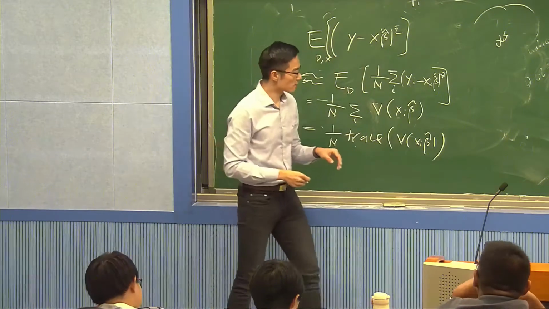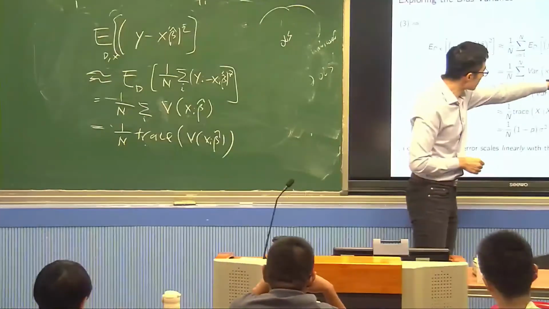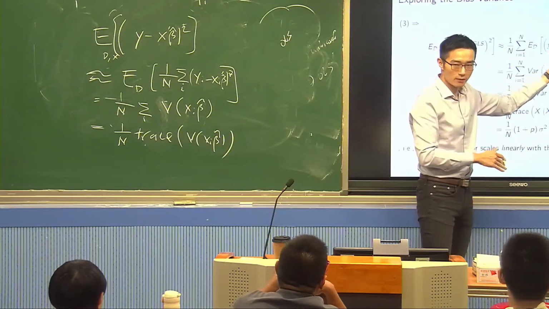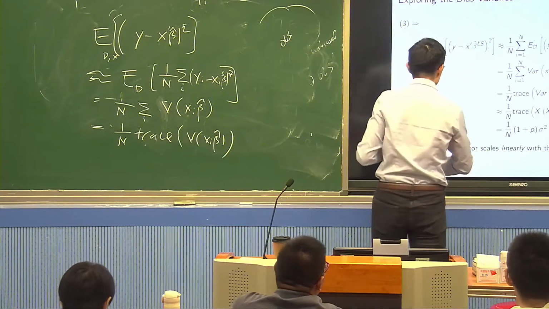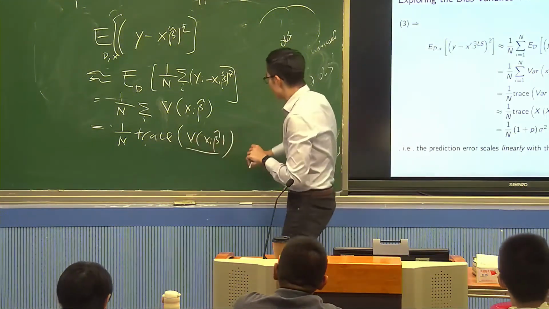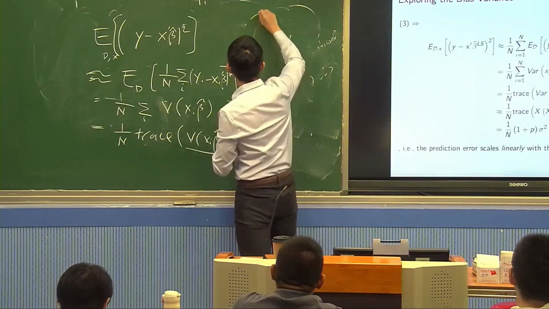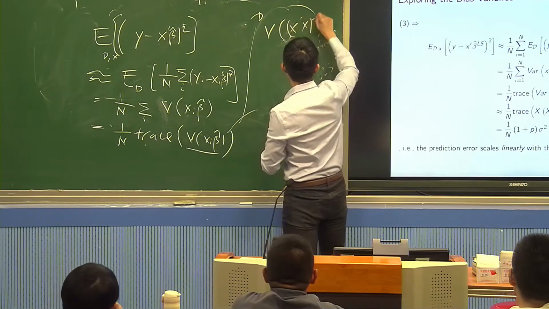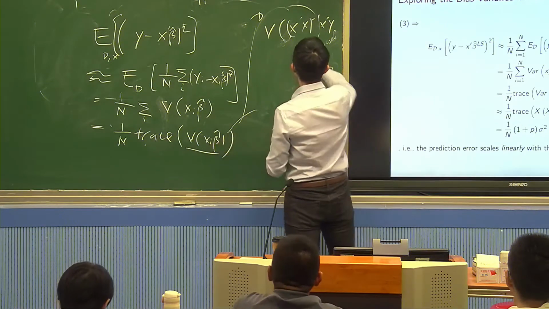Now, there's also sigma square here. The sigma square represents the random irreducible noise in Y. We don't care about that, so we can disregard the sigma square. Now, the variance of this is basically the variance of (x prime x) inverse x prime y, because that's the beta, but then we're multiplying by x here.